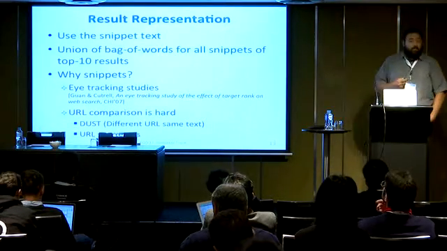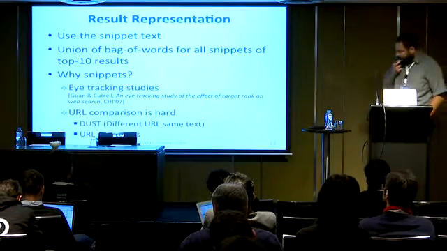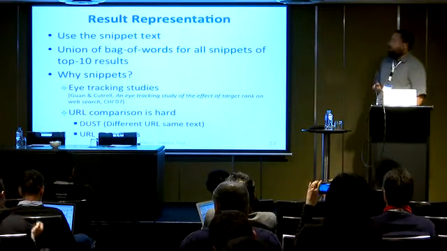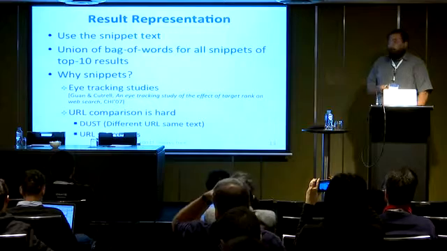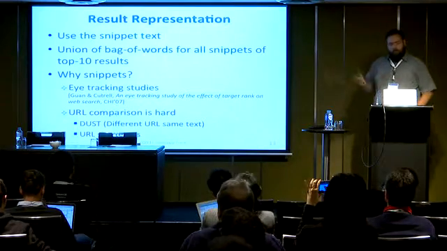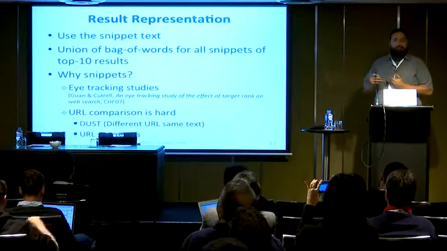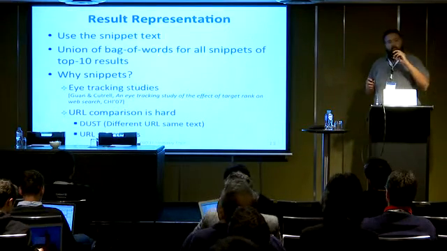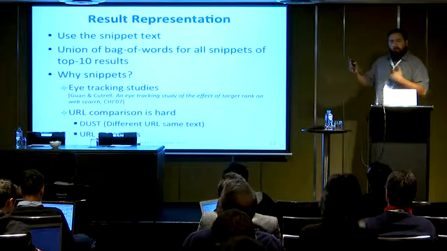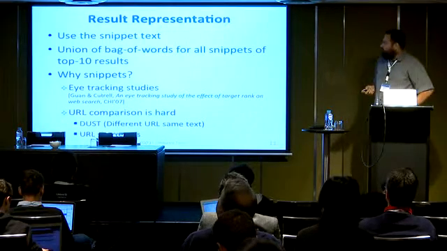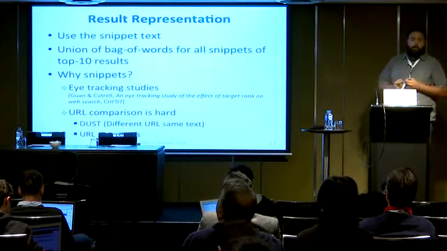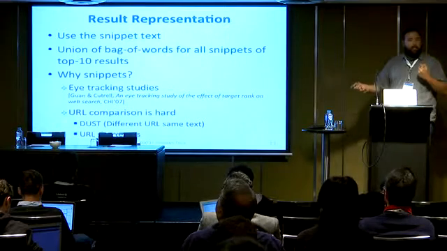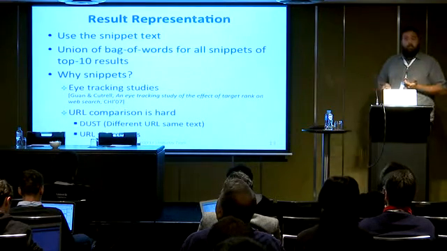Now, I talked about a feature representation, and in particular, what we used after some thought was the snippet text. And why is that? First of all, what we do is we take the top 10 results, we take the snippets, which is the small piece of text under the title of the result, and we concatenate them into a big document. And so we have a huge bag of words representation of it, which is the feature representation of the result.